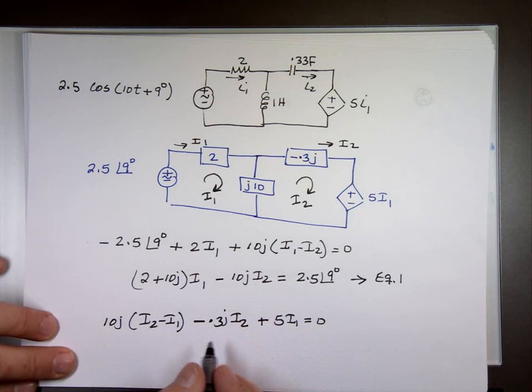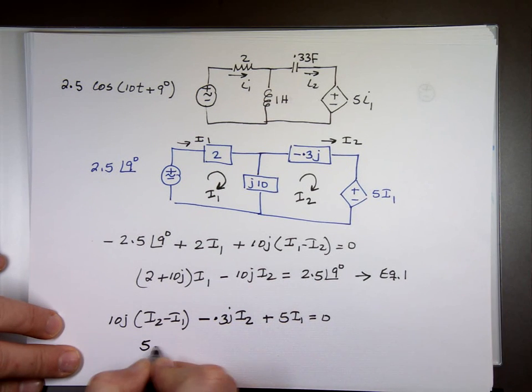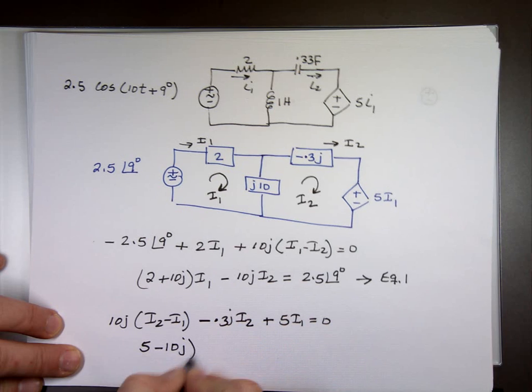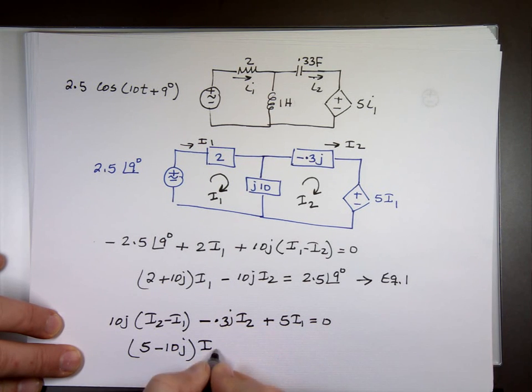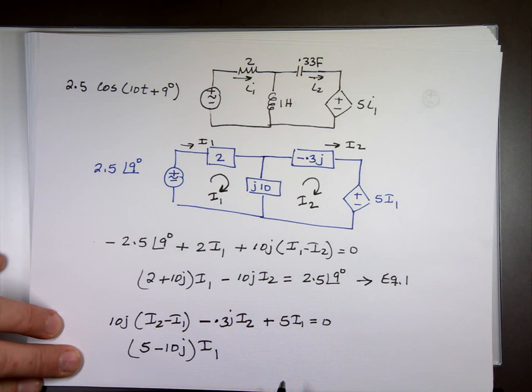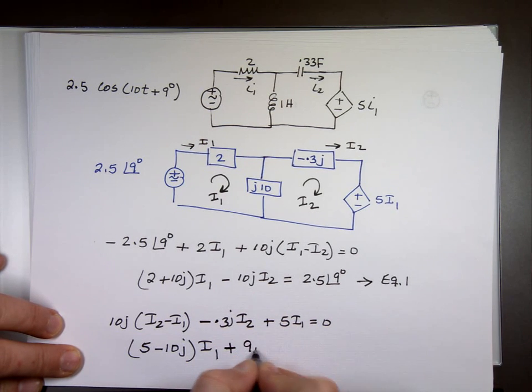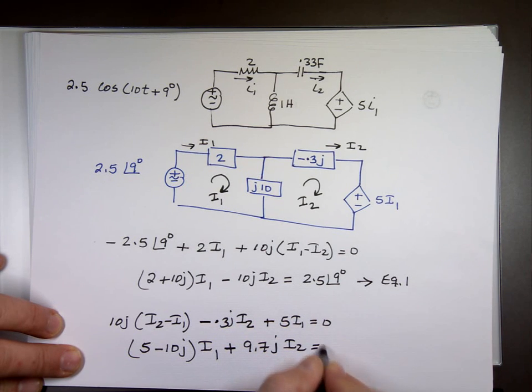Clean it. 5 minus 10J I sub 1, and 10J minus 0.3J, what's that, 9.7? And that's equation number 2.